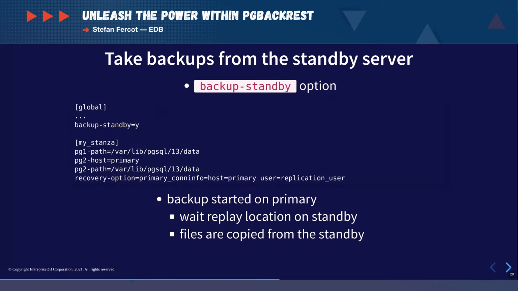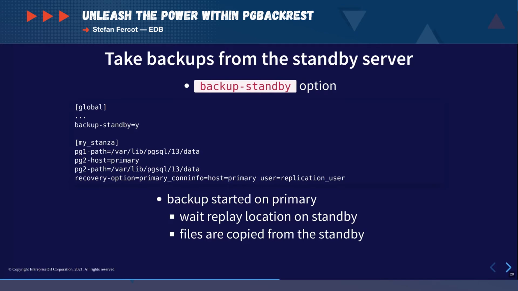Why? Because when you take a backup from standby, first the backup is started on the primary using pg_start_backup. We will get there the WAL location, and we will await that the standby has actually reached and replayed that same location before starting to copy the files from the standby itself.